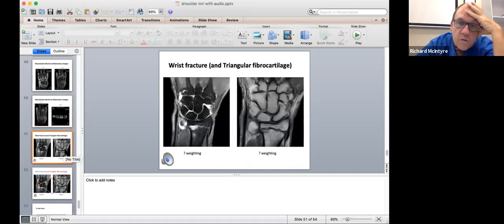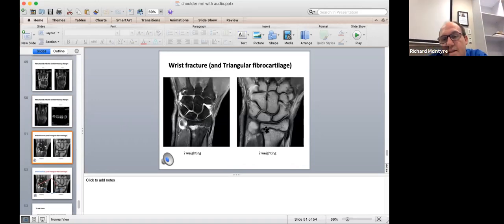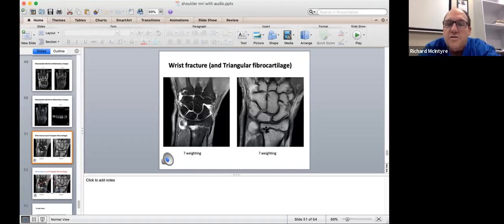Okay. We also do wrist fractures, and hip fractures. So you've been told for the last 3 years MRI is not as good as CT to show bones. Okay, so why would you do an MRI on a bone when CT is much better? Well, actually, in some cases, MRI is better than CT to show subtle fractures of bones, because when we have subtle fractures of bones, the body has a reactive process, sends in fluid.